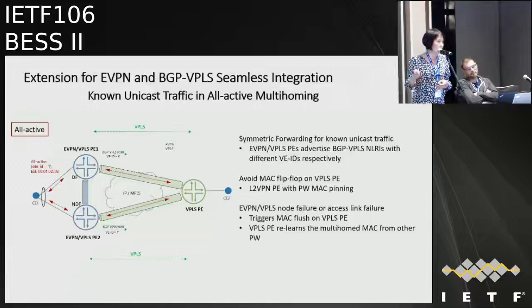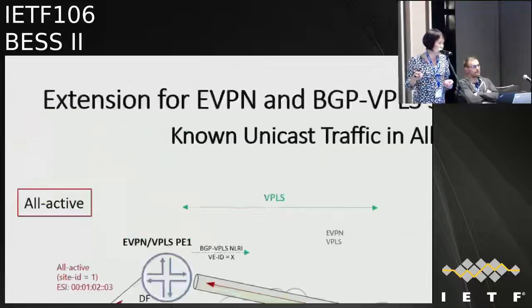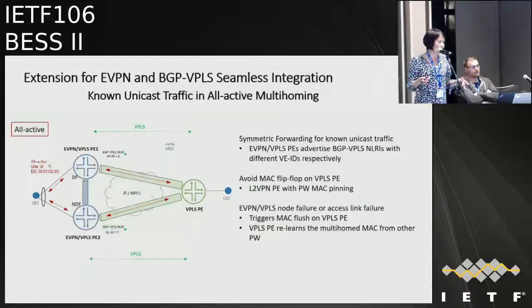Of course, in order to do this, let's say PE2 is a non-DF, supposedly. So how are we going to make sure VPLS forwards traffic to PE2? This is also where the existing control plane protocol helps us solve the problem, because we can advertise a VE ID per PE. Even though these two PEs multi-home to CE1, they can advertise two different VE IDs, called the instance VE ID.